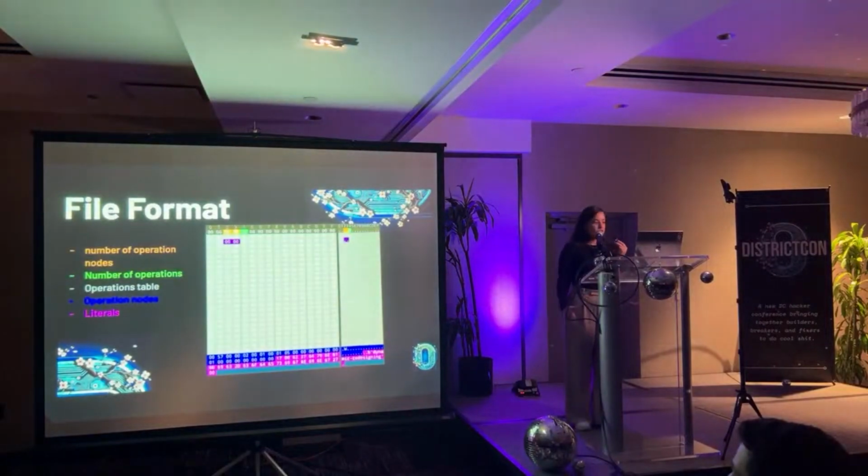So we can see here the compiled format. The orange part is the number of operation nodes we have. You can see the operation nodes in the blue part. Each operation node is 8 bytes long, and just to tell you, we have 3 here, because one is for allow, one is for deny, and one is for checking if we have this code signing entitlement.